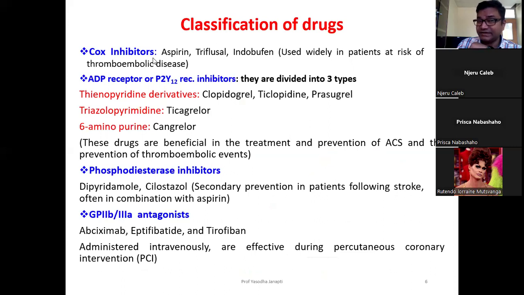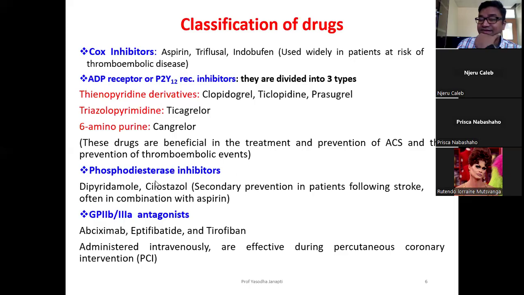This is COX inhibitors. This is ADP receptor or P2Y12 receptor inhibitors. Then phosphodiesterase inhibitors. What is this enzyme? It prevents formation of ADP.